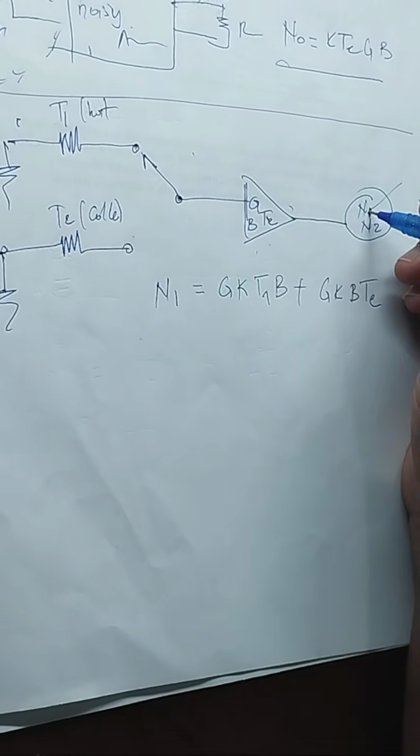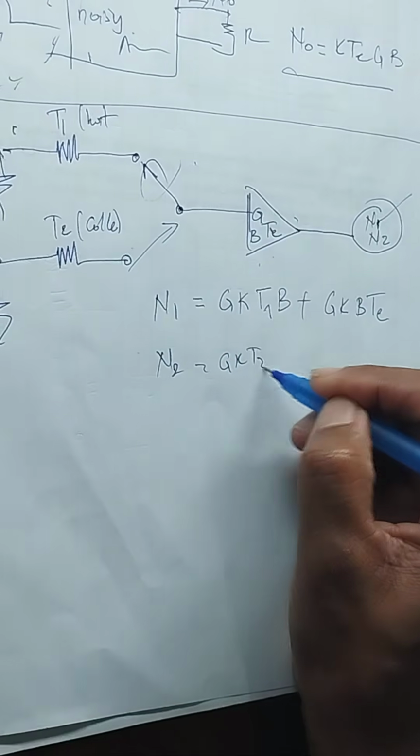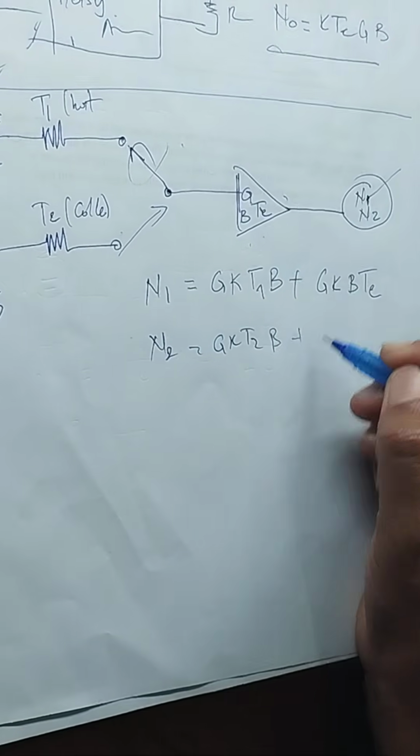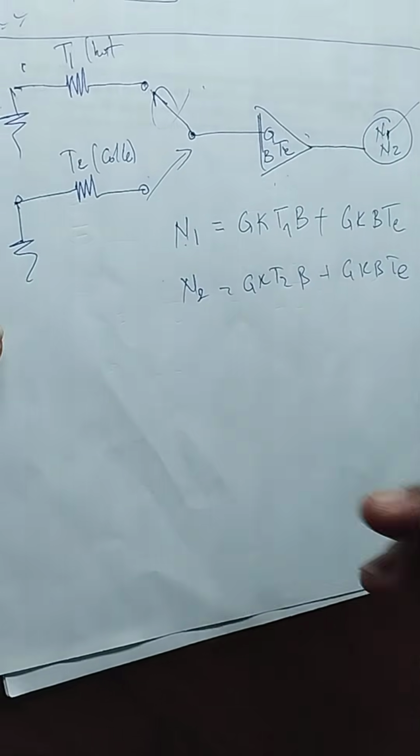If you are looking for N2 now, we disconnect this one, we connect this one, we have N2 equal k T2 times B plus k B T E. So that's the output, the noise power at the end of the receiver here.